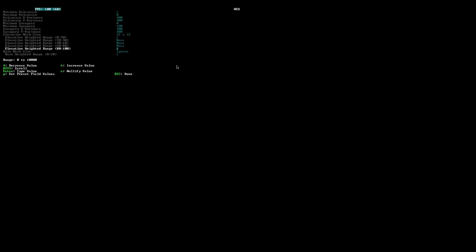The weighted range for 80 to 100, that's anything between 80 elevation to 100 elevation. So we're going to have more of that than these middle ranges, and more of the 0 to 20. So that's more water areas and more mountainous areas, and not a lot of the in-betweens. I'll show you what that looks like at the very end.